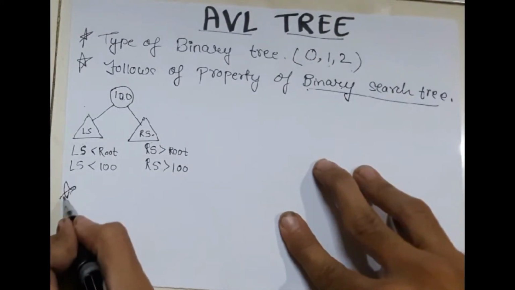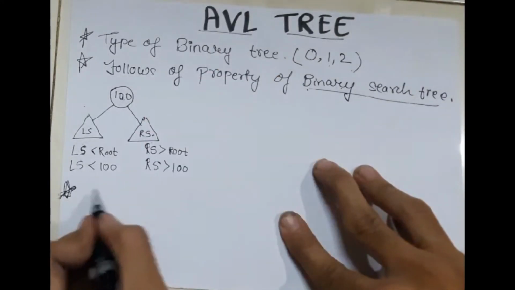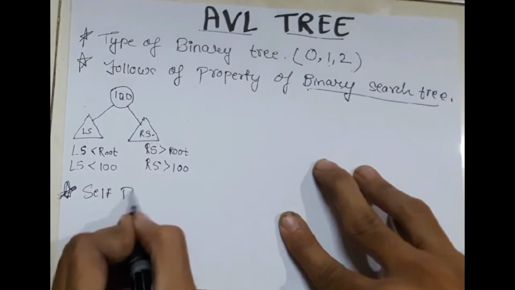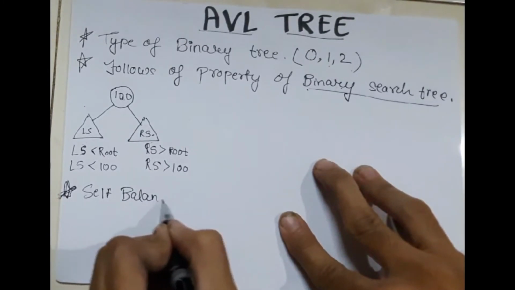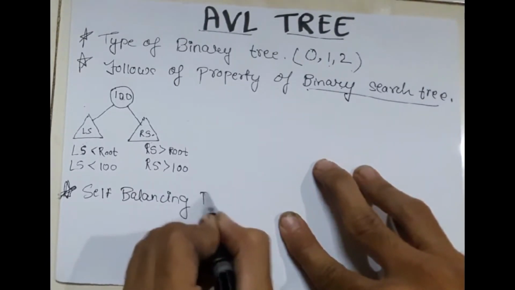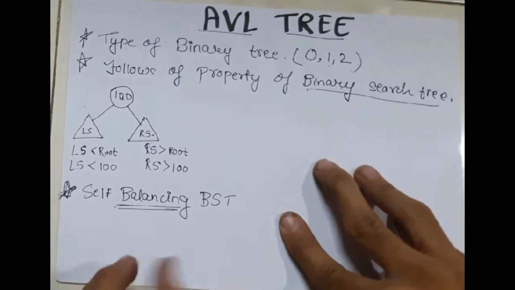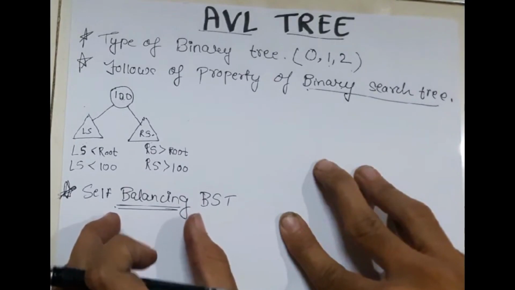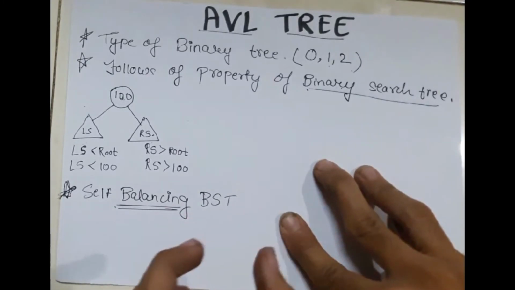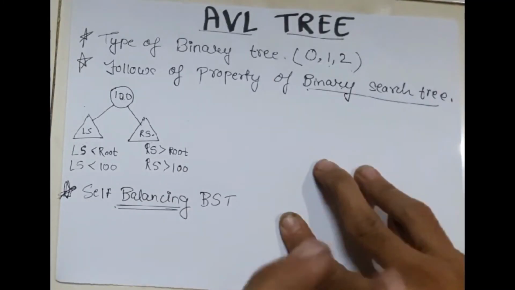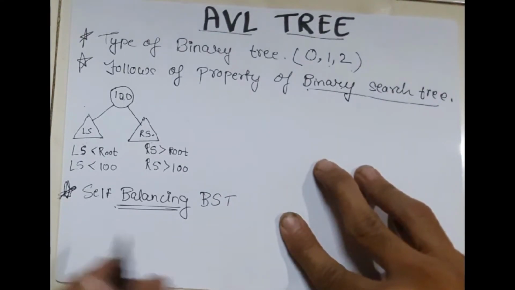Then AVL tree is a self-balancing binary search tree. So now how we are going to see whether the particular tree is balanced or not? By calculating the balance factor of each node in the tree.